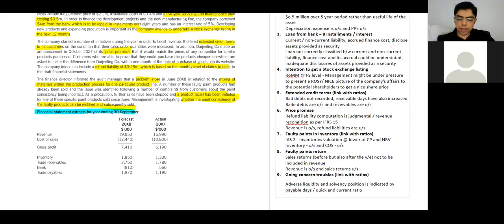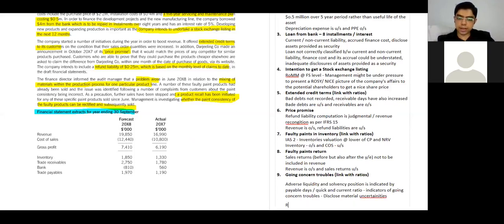So these are indicators of going concern troubles. And what do accounting rules require? The second step is to state the accounting rules. So the accounting rules require you to disclose material uncertainties. That's what IAS 1 requires, that the management should disclose material uncertainties.